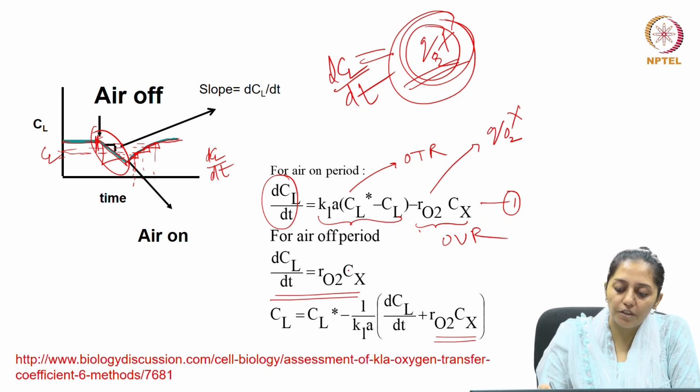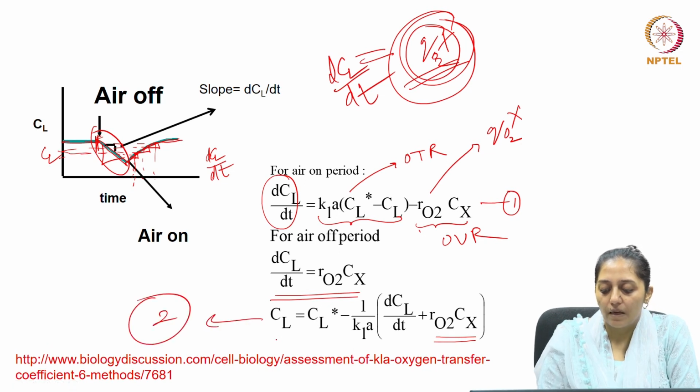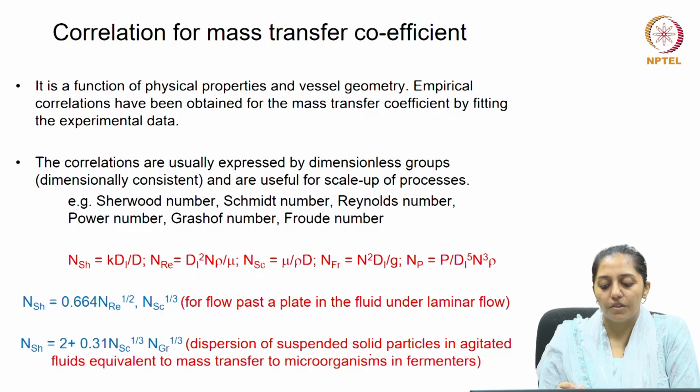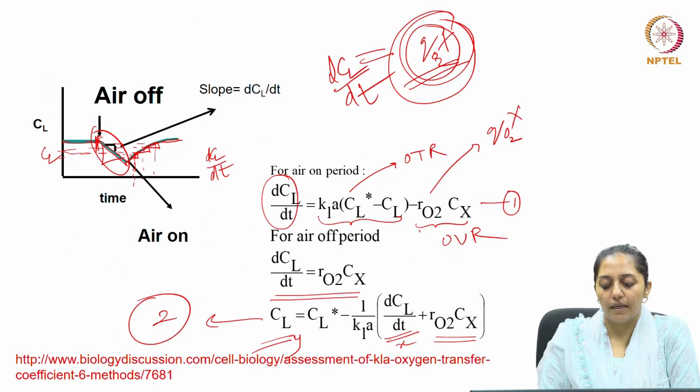And if you do the rearrangement of equation 1, we will reach equation 2, and Cl is unknown, the rest of the factors can be obtained. So, dCl by dt is x here and Cl is y. So, it is again a linear function, and the rearrangement gives us the slope, which is the inverse of KLa.